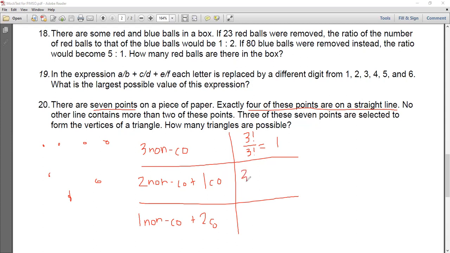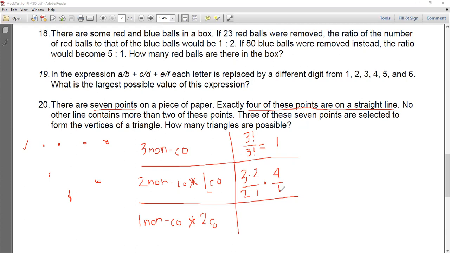So in that case, that is 3 times 2 over 2 times 1. This is multiplication. I forgot, this is multiplication. Times 1 collinear. Out of these 4 points, we will only get 1. So that is 4 over 1.